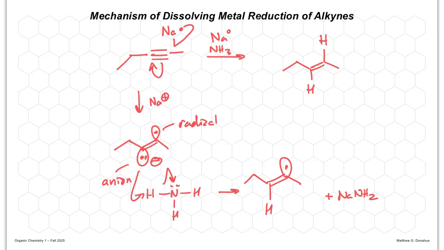So that one hybrid lobe, that sp2 orbital here, is still a radical. It's going to get a second electron from another equivalent of sodium. So we have another vinyl anion that does acid base.